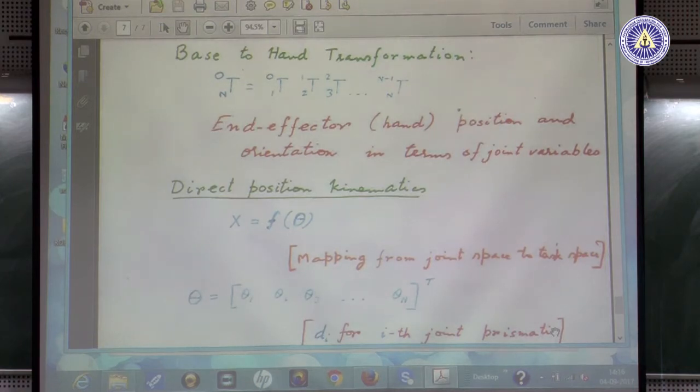So, how to do that? Let me just outline. We will not do it certainly here. In a normal semester course of the advanced course, we deal with it over a full lecture. What is done is that this whole thing is broken into several polynomial equations, and then one by one some of the variables are eliminated, and finally you try to get a single polynomial equation in one of the unknowns.